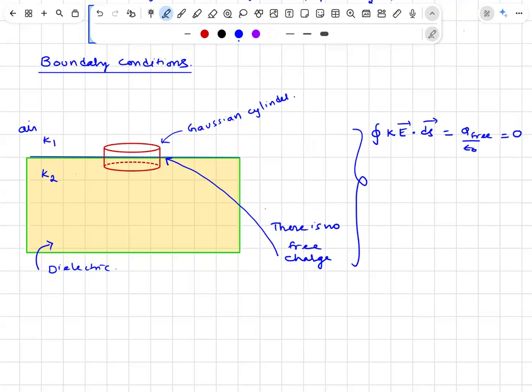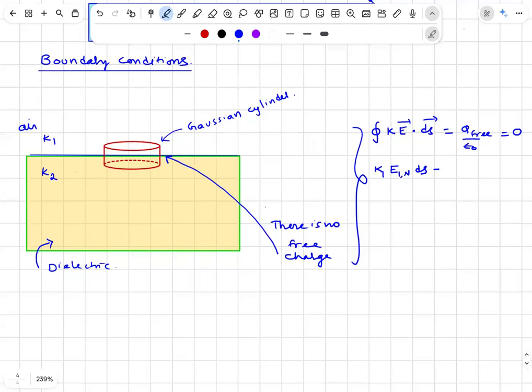Now the question is K1 E1, remember E1 normal component, into dS outward flux, minus K2 E2n.